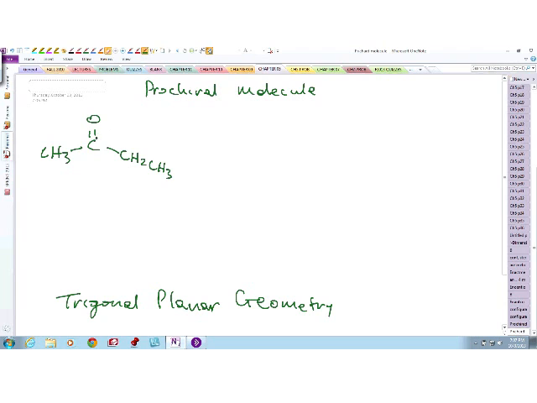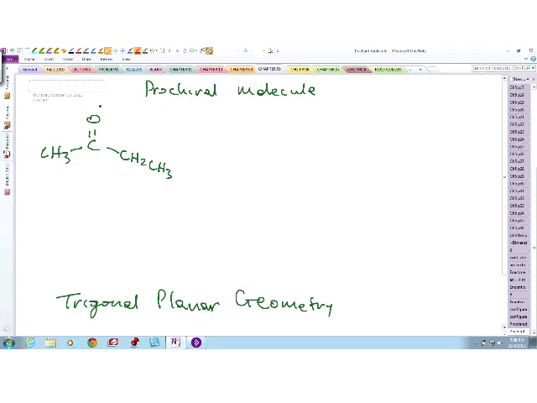If you take a look at those two faces, how do we distinguish them? To distinguish those two faces, we assign priority to the atoms that are attached to this central sp2 carbon.